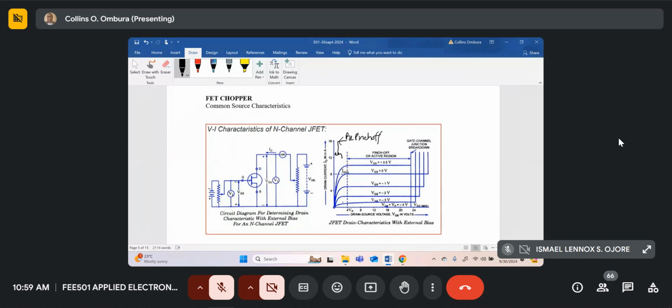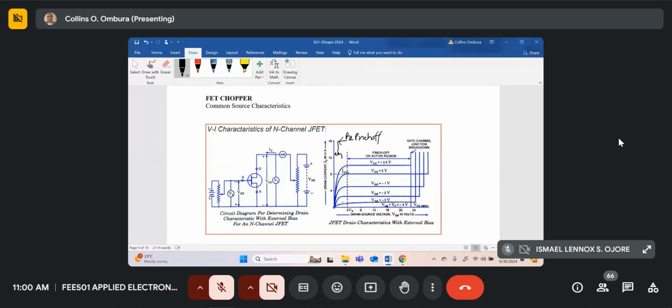And of course, as we increase the voltage across the drain and source, it tends to break down. You can see the curves in the pinch-off region are very linear, much more linear than the normal BJT transistors.